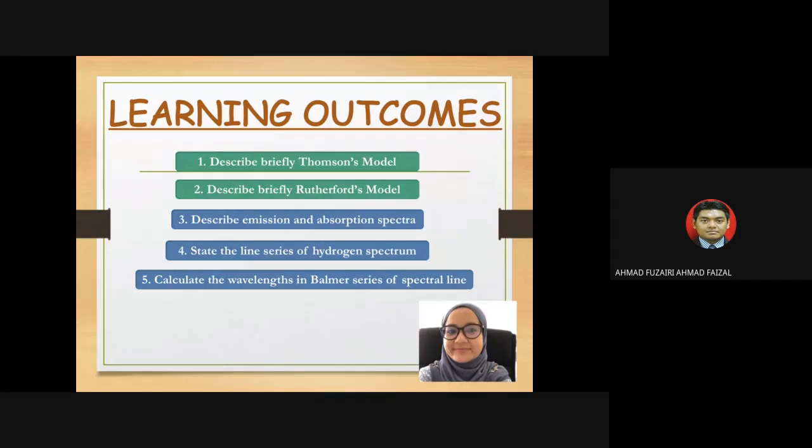Learning outcome number 4, students should be able to state the line series of hydrogen spectra. And the last one, number 5, students should be able to calculate the wavelength in the Balmer series, and also the other 2 series called the Lyman and Paschen series of spectral lines.